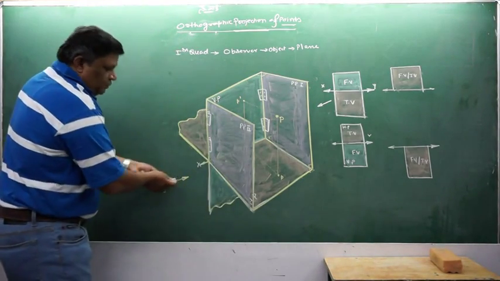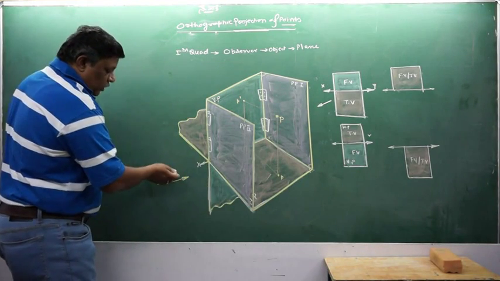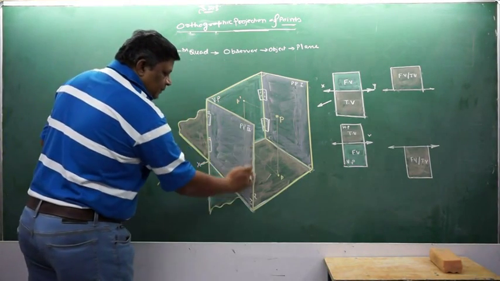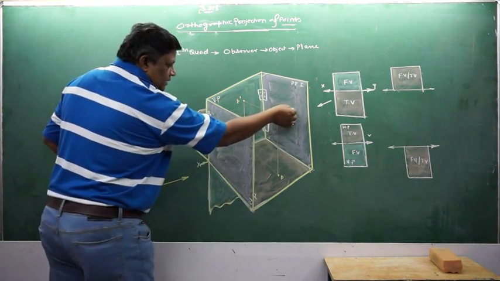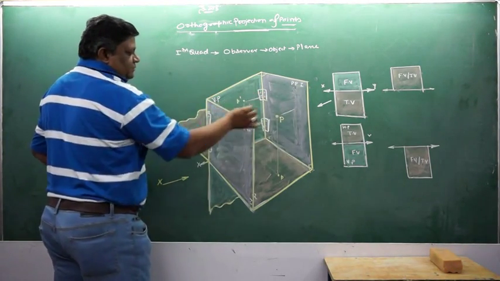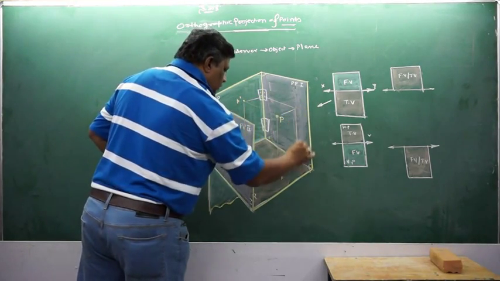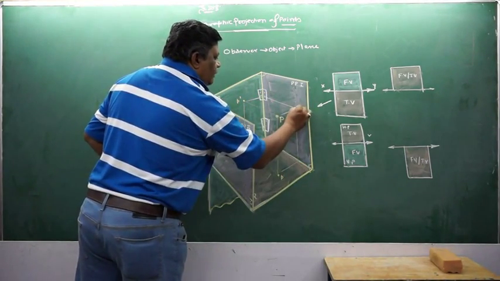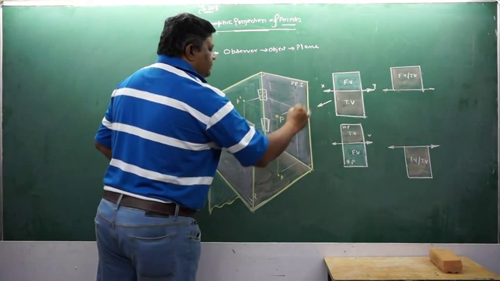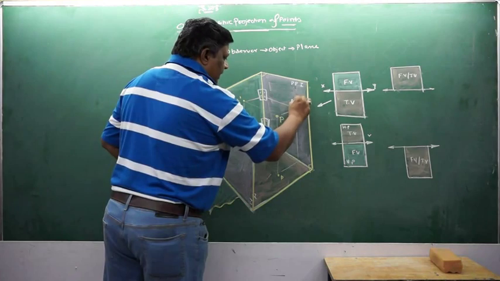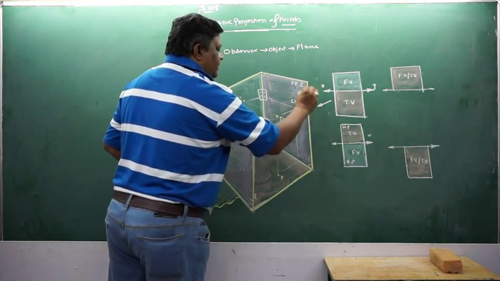Say the observer is observing from here. So it comes as observer. Then this plane is removed. Here comes the object and there comes the reference plane on which I will be having the left hand side view given as P double dash, that is left hand side view.